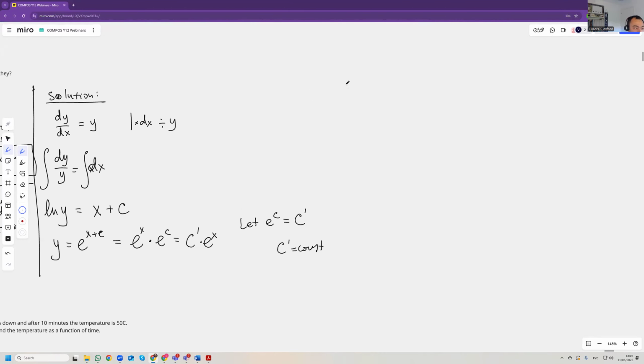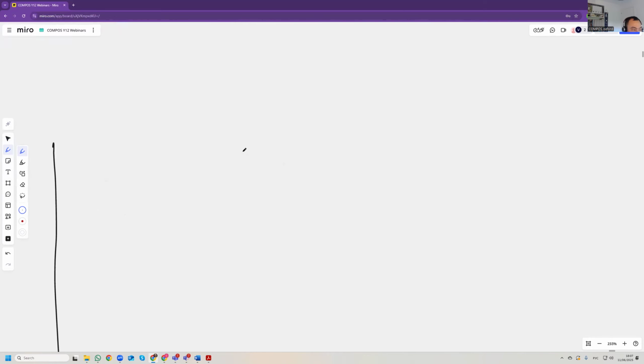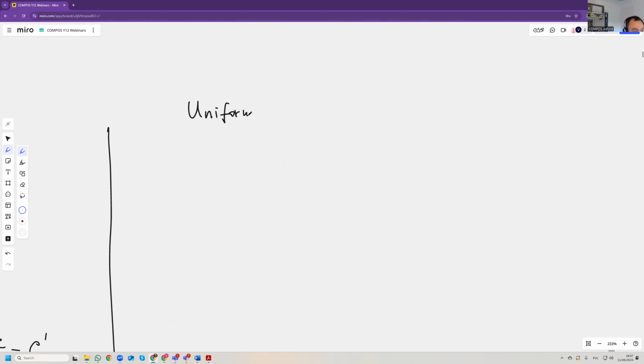Another example of a differential equation is uniformly accelerated motion. In this case, we have acceleration equal to a constant value.